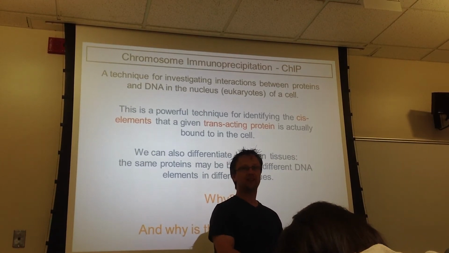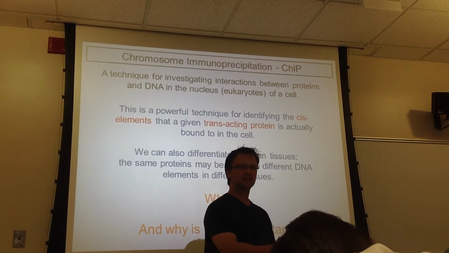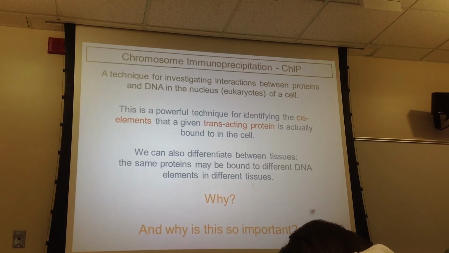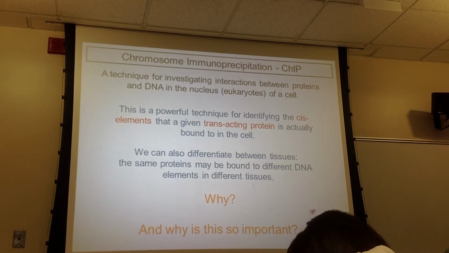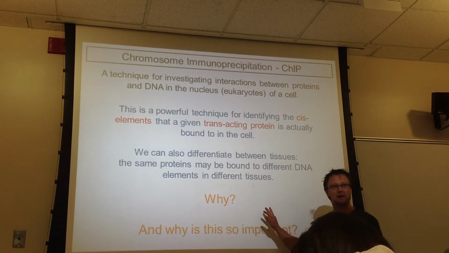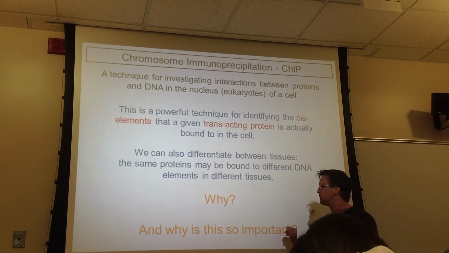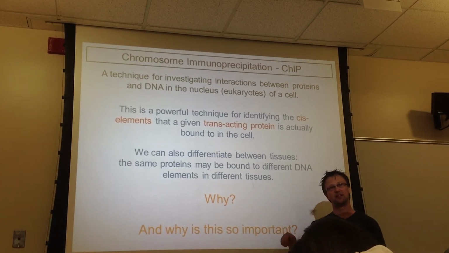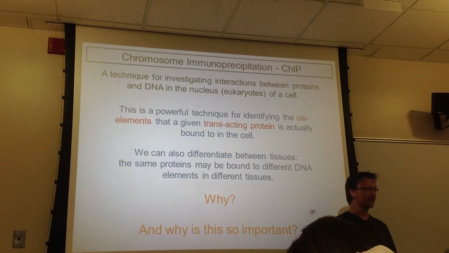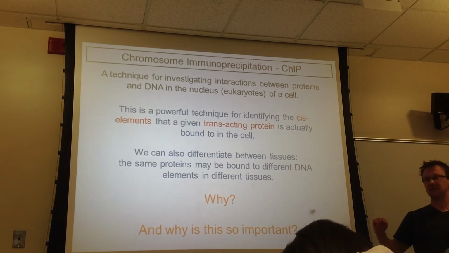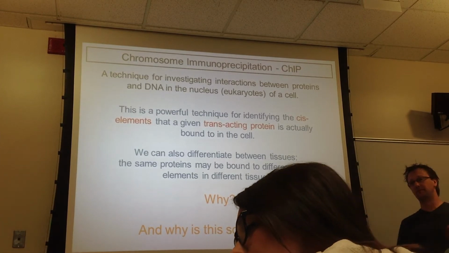Trans-acting factors are proteins that bind to the DNA or RNA. We've kind of already discussed the why questions here. We already have techniques to look and see whether or not a protein is present in a specific cell or not. But whether or not it's bound to a specific sequence of DNA is what we're going to use this for.